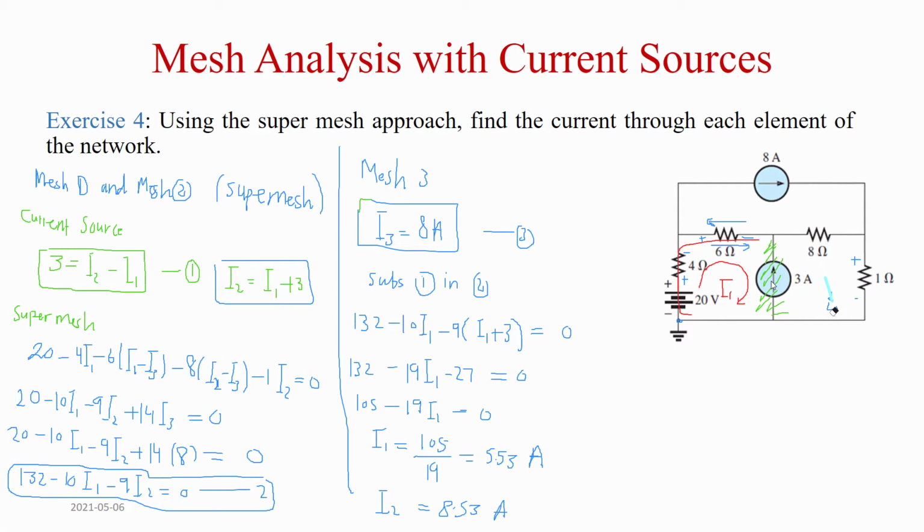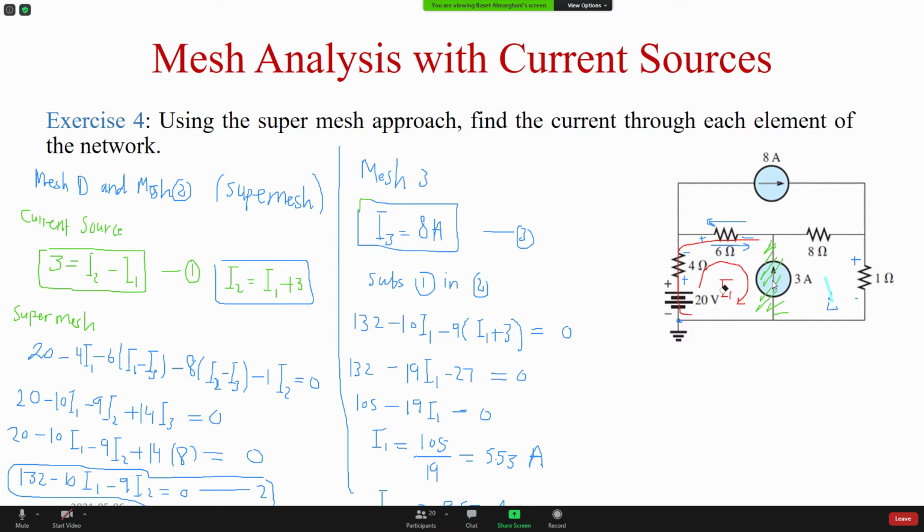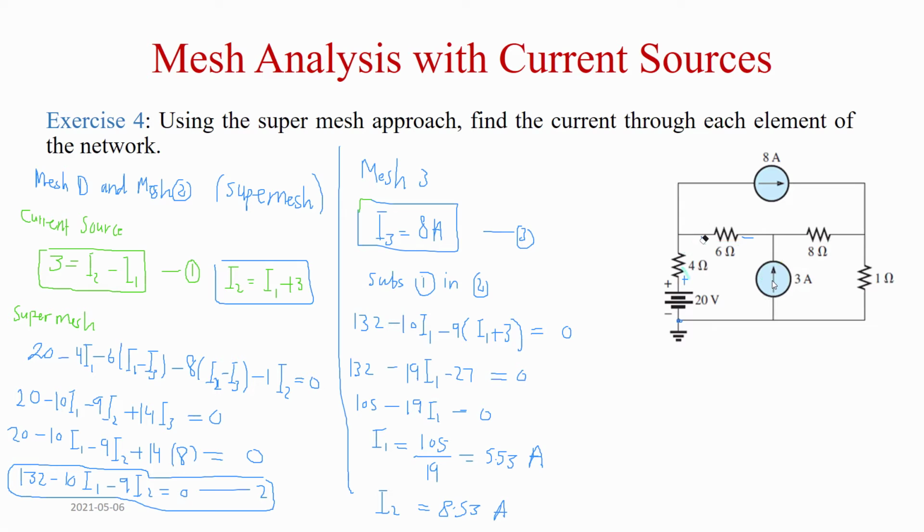Now we're going to use the mesh currents to find the current everywhere. Because this is the first mesh, the current here is 5.53. It's going to be the same here, 5.53.